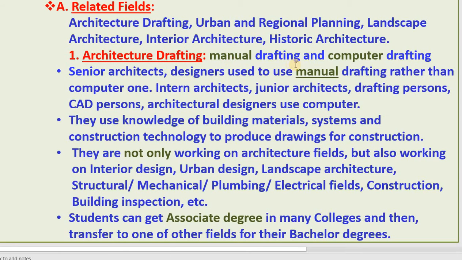The first one is manual drafting, and the second one is digital or computer drafting. Manual drafting, you do on paper with the drawing table, the adjustable one, and you draw there, and everything you use is pencil, pen, eraser, scale. I mean, you do everything by hand.